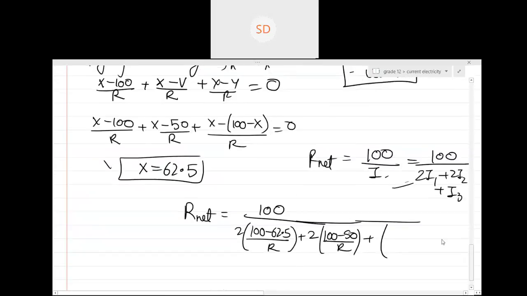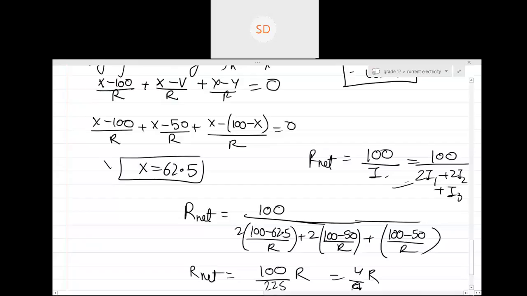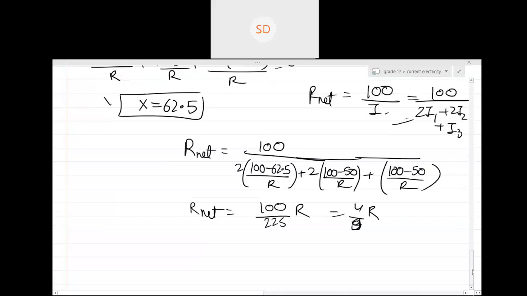I3 is 100 minus W, so 100 minus W is again nothing. And that's it. When you solve, you'll get R net is equal to 100 upon 75 plus 150 is 225, right? Which is basically 200.